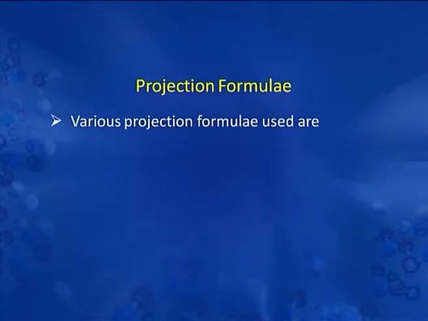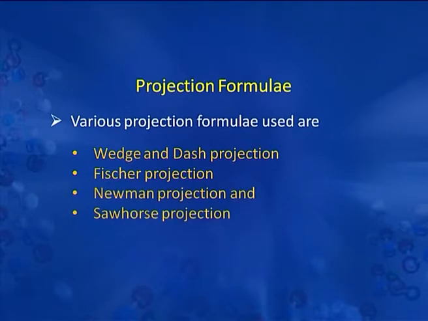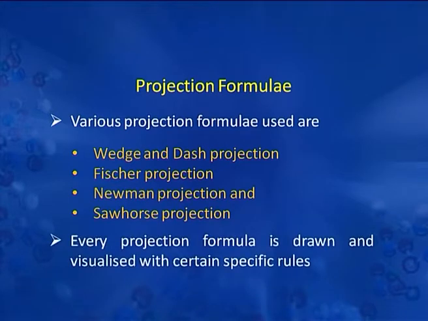The different projection formulae are Wedge-dash projection, Fischer projection, Newman projection, and Sawhorse projection. Each of these formulae is drawn and then visualized with certain specific rules.